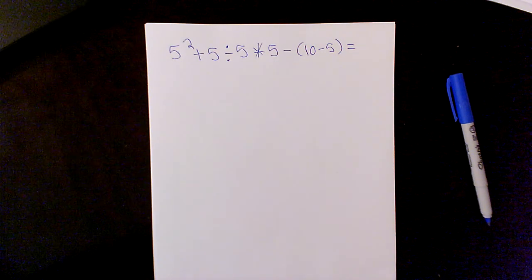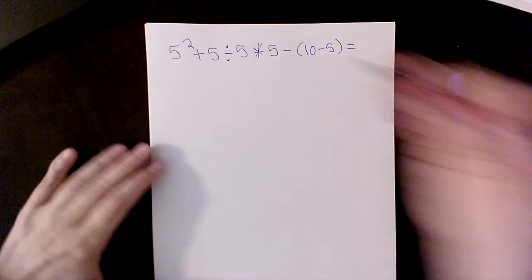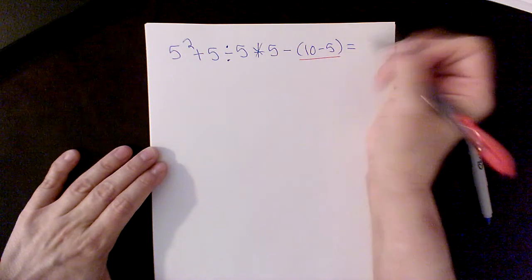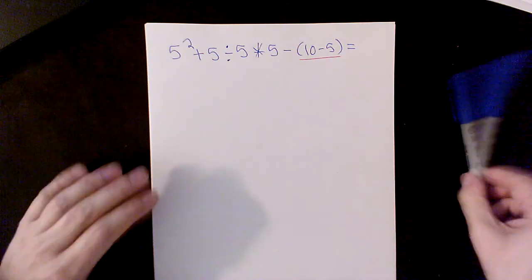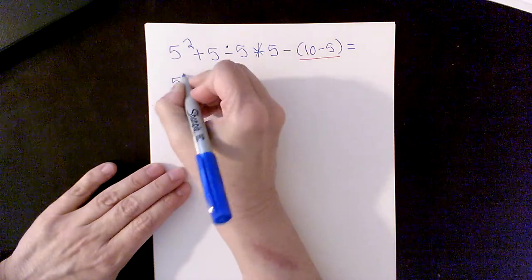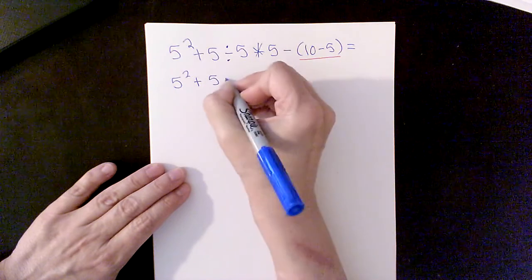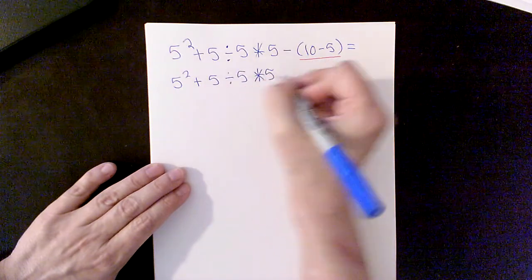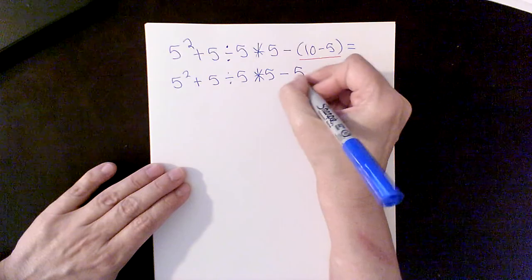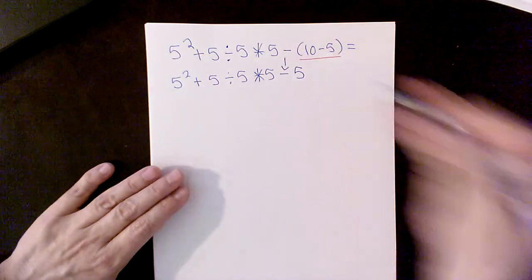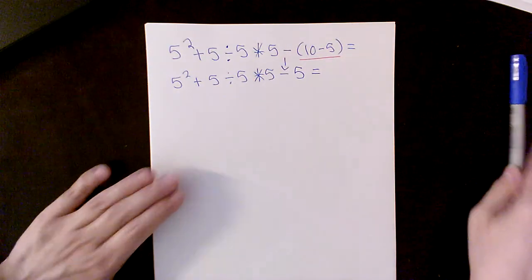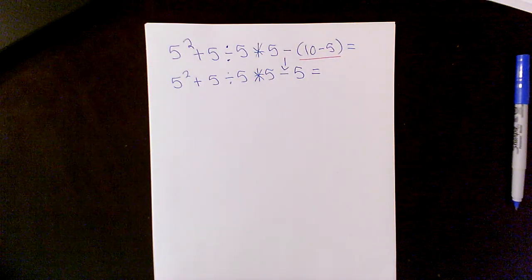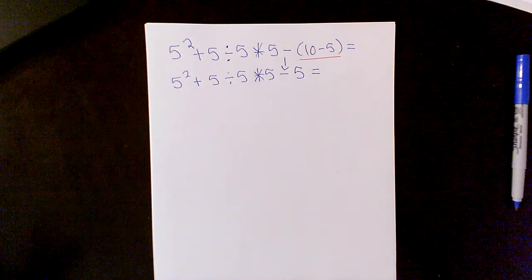So number 1 first, I'm going to do parentheses, which is right here. What's 10 minus 5? 5. I'm just going to bring that minus down. So we're done with number 1.